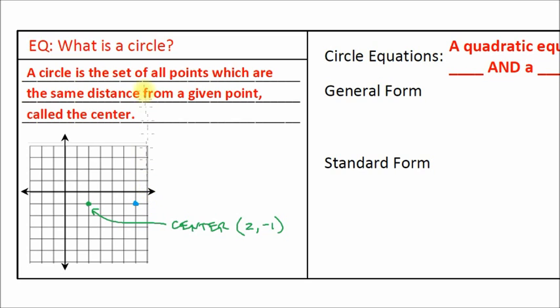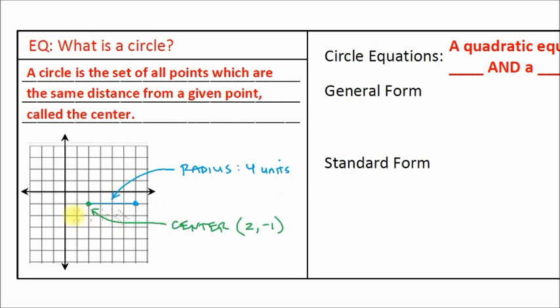I'm going to draw a line from here to here, and that is our radius. Let's label that. The length of our radius here is 4 units, so the radius is equal to 4 units.